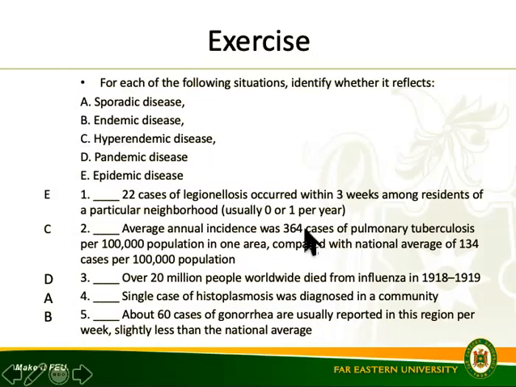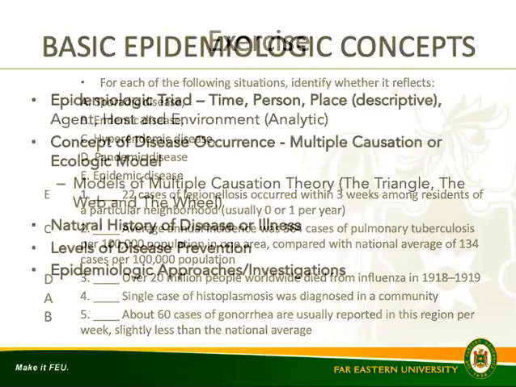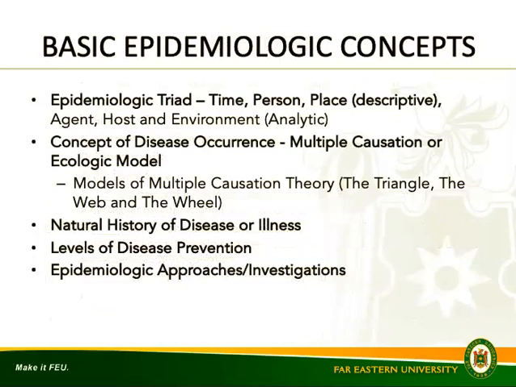Okay, so I hope that the different community reactions to a disease, or the disease occurrence in a certain community, is very clear to everybody. Now a community health nurse should understand the basic epidemiologic concepts.